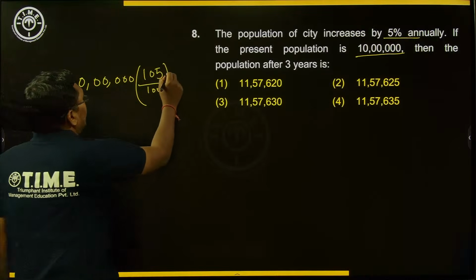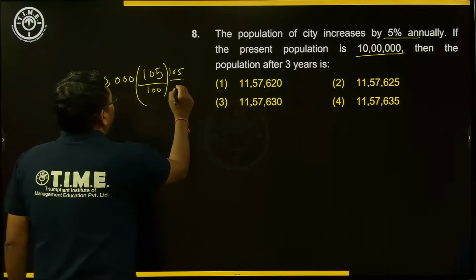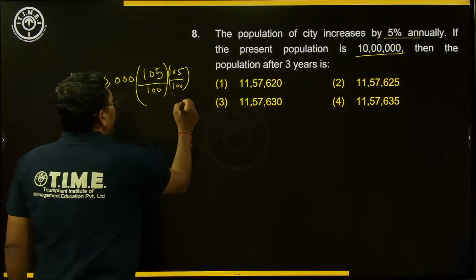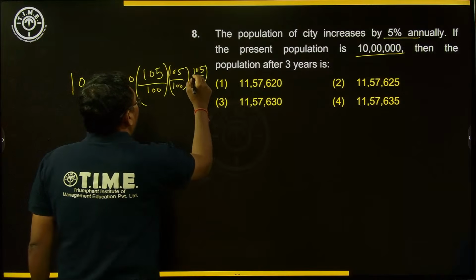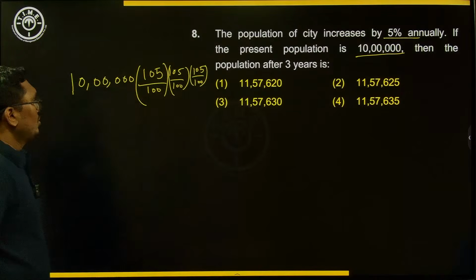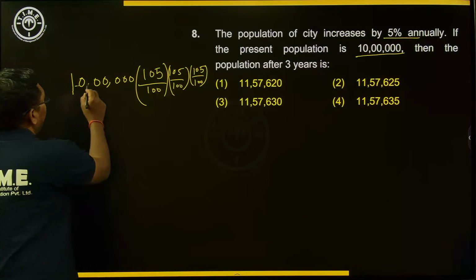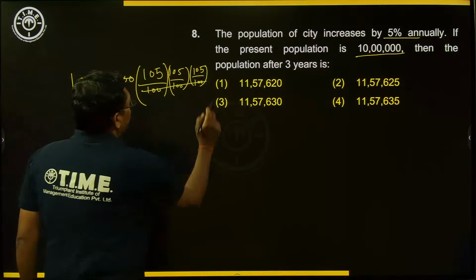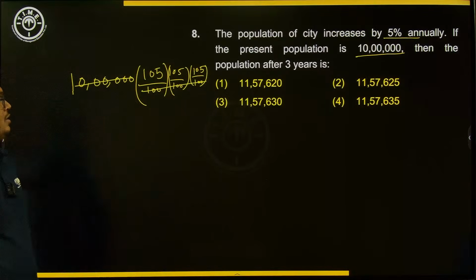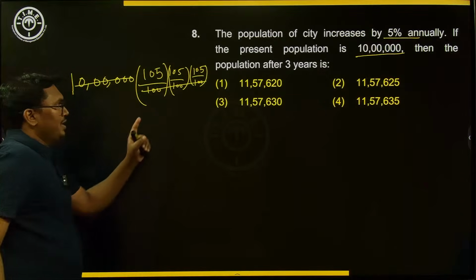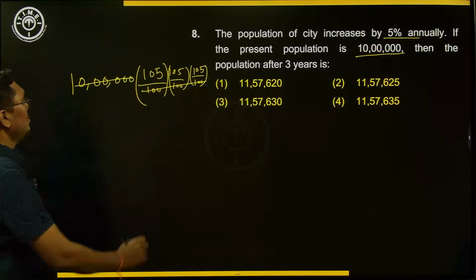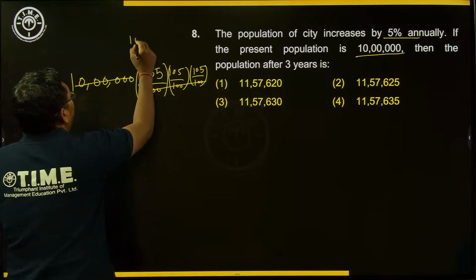Next, second year 105 by 100. 3 years అయితే 105 by 100. Okay. So how many zeros? 6 zeros, and denominator 6 zeros cancel. Right. So we have to multiply 105 into 105 into 105.